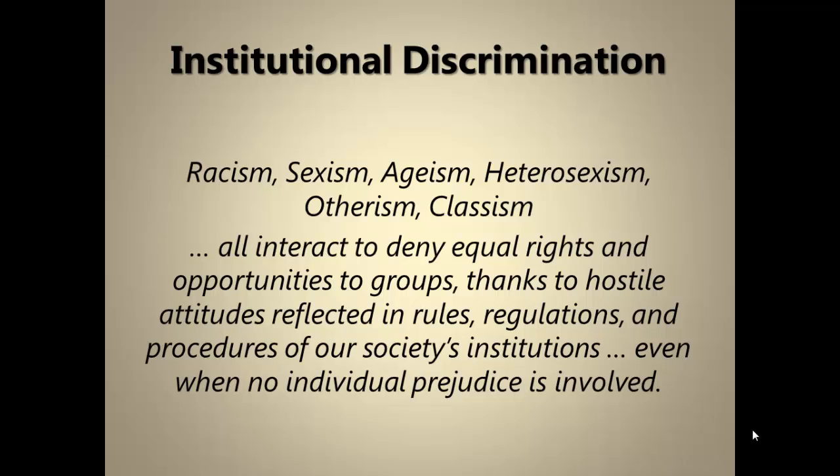This is an area that we will look at throughout the semester, institutional discrimination and how our society and our culture continues to be structured to favor those in the majority and to keep those in these minority groups out of positions of power and opportunity.